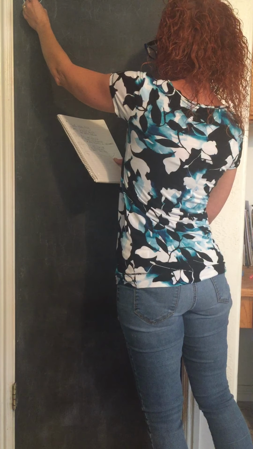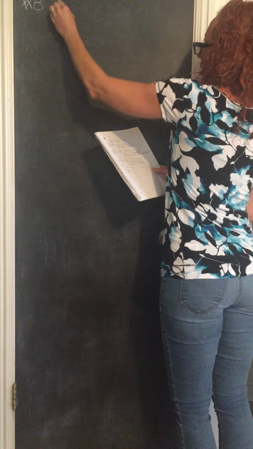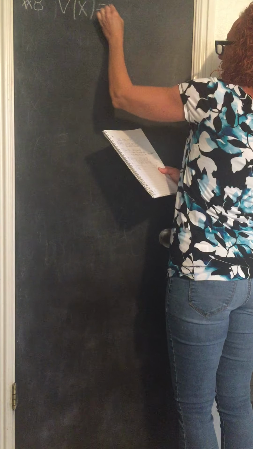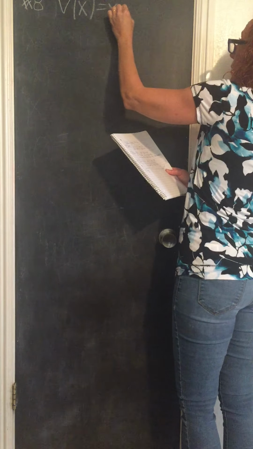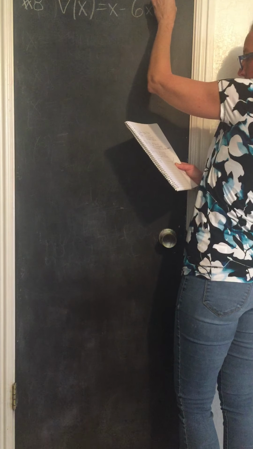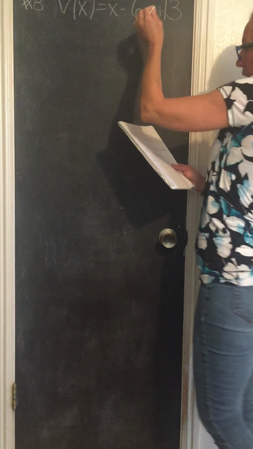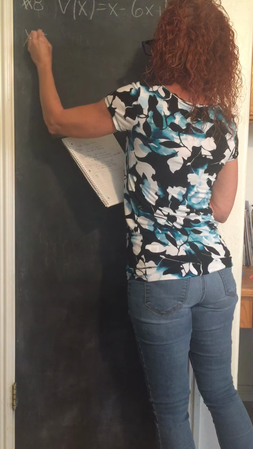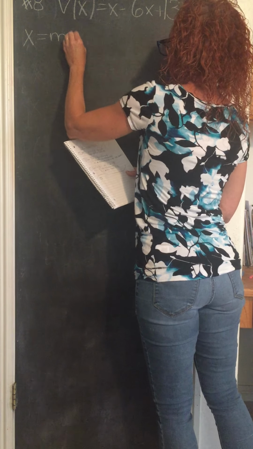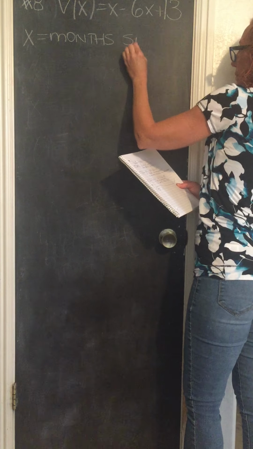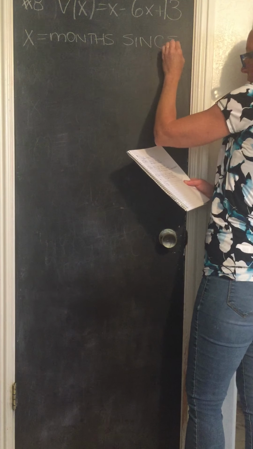And so it says that we're doing v of x equals x squared minus 6x plus 13. And x stands for months since January.